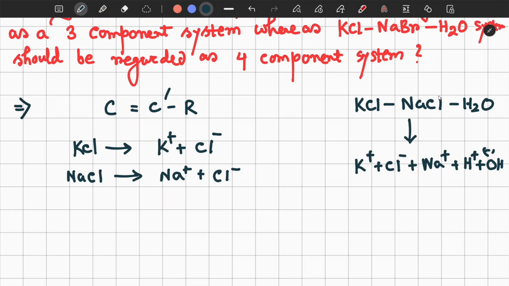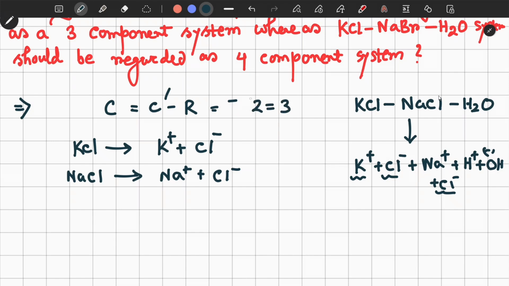Exactly, you are correct. So K plus and Cl minus, and Na plus and Cl minus, these two are the restrictions basically. These two will be subtracted, so that's why it is 5 minus 2, and it will be 3.